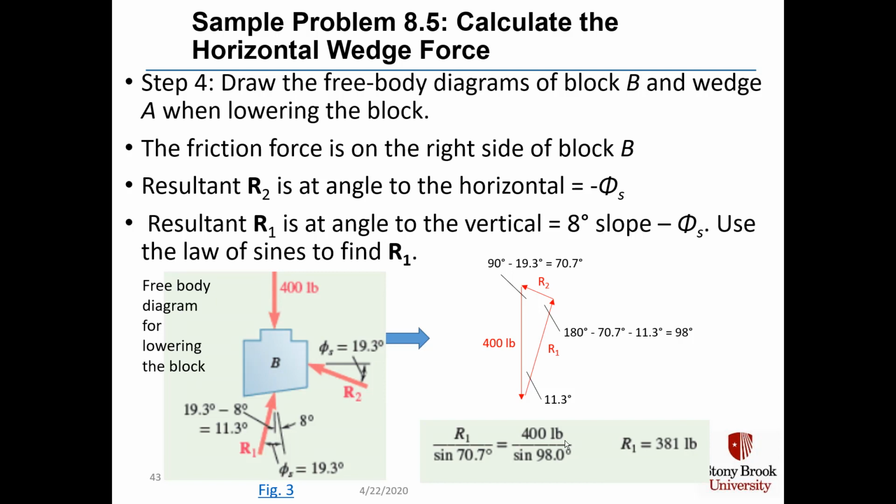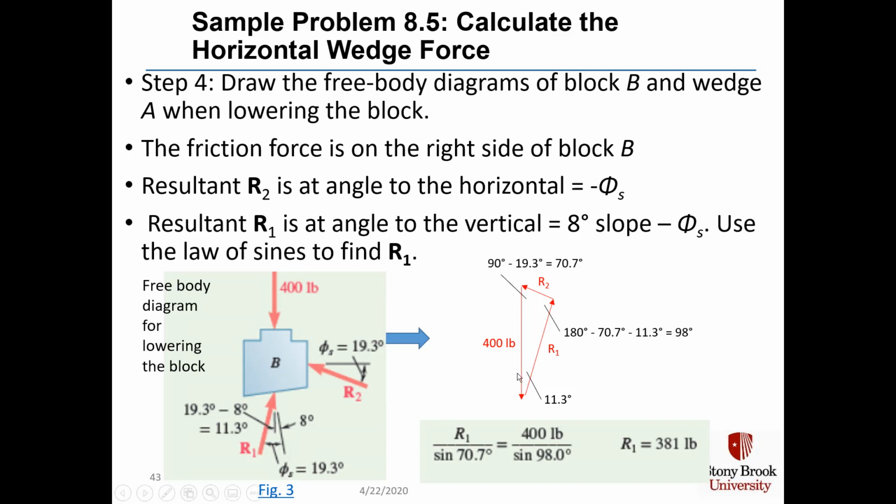Now we'll draw the free body diagrams of block B and wedge A when lowering the block. The friction force is on the right side of block B. Resultant R2 is at an angle to the horizontal equal to minus phi sub s. Resultant R1 is at an angle to the vertical equal to 8 degrees of slope minus phi sub s, and we use the law of sines to find R1.